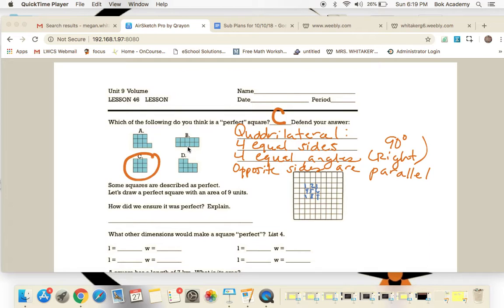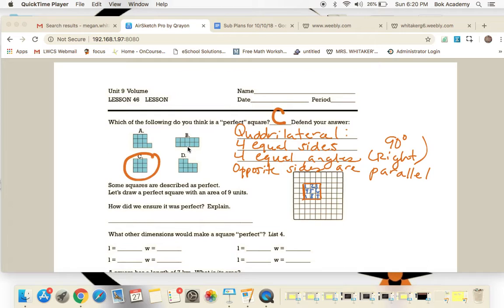I'm going to outline it so you can see. There are 3 across, 3 down, 3 across, and 3 down. If you count those squares, it's a total of 9, with an area of 9.